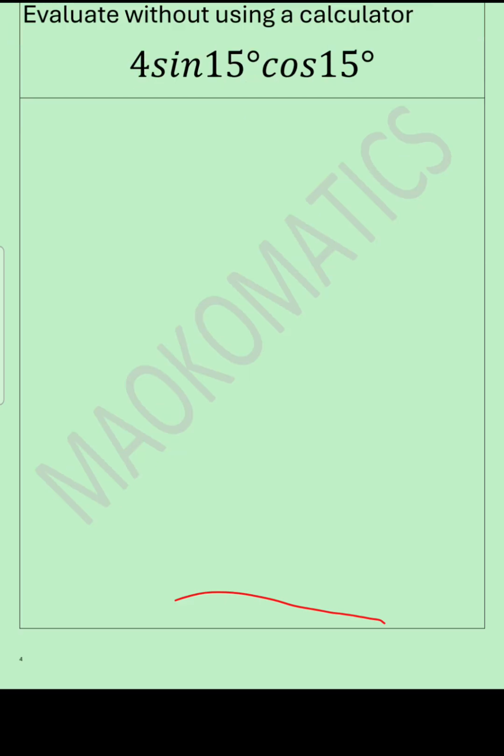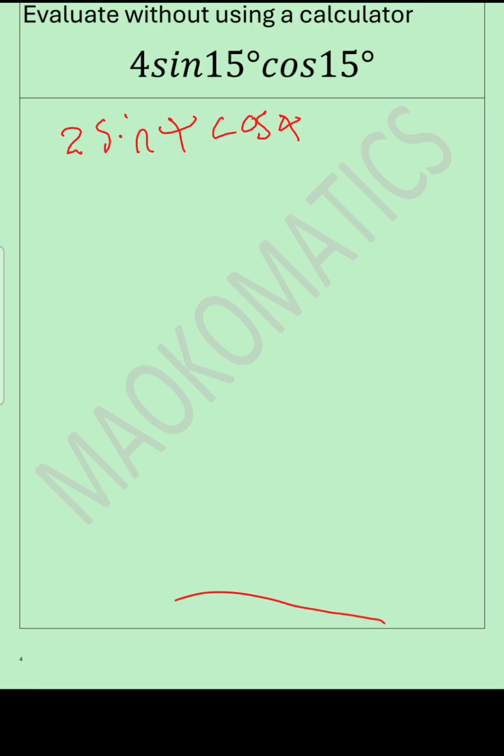Right, we look at the next one. This one also relates to the double angle identity of sine. Remember, the double angle identity of sine is 2 sine alpha cos alpha, right?